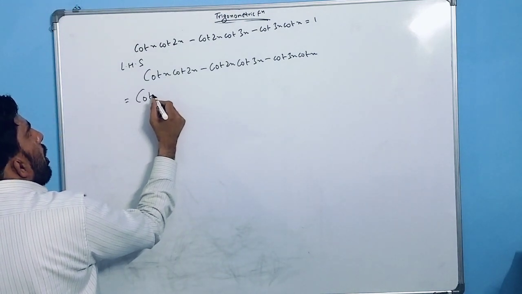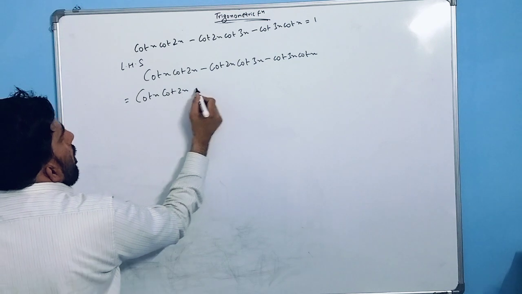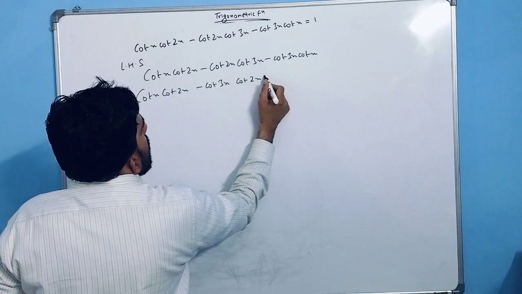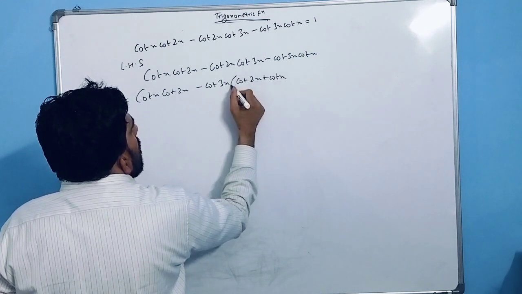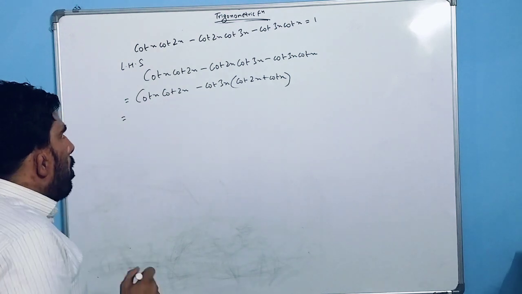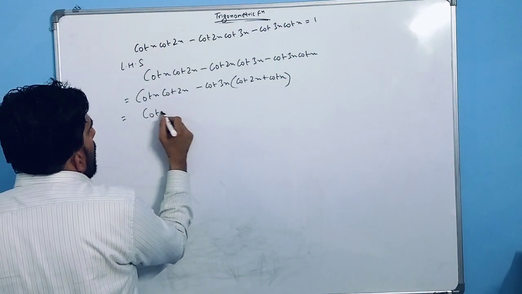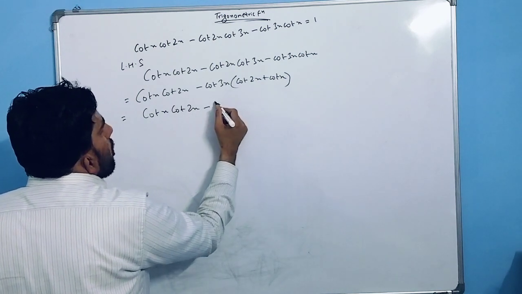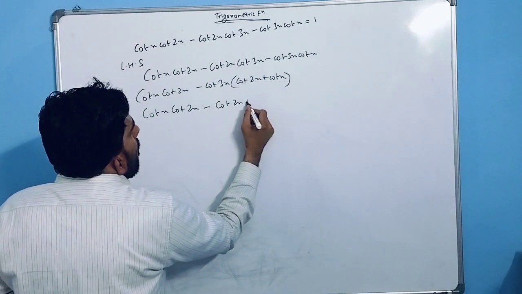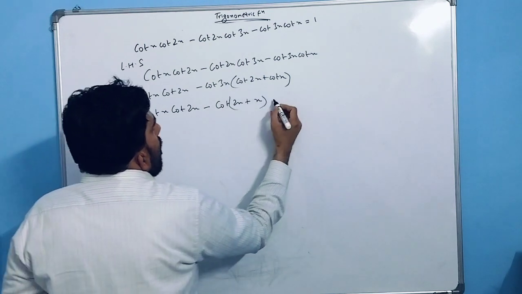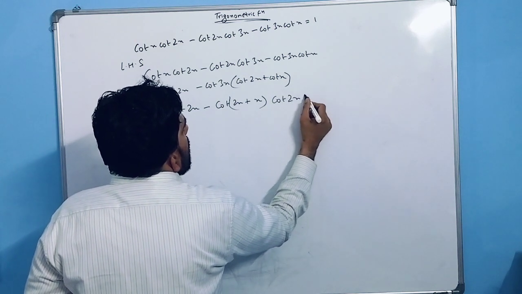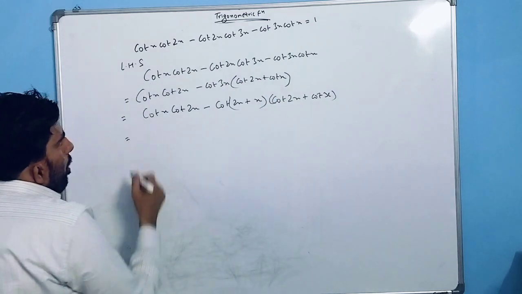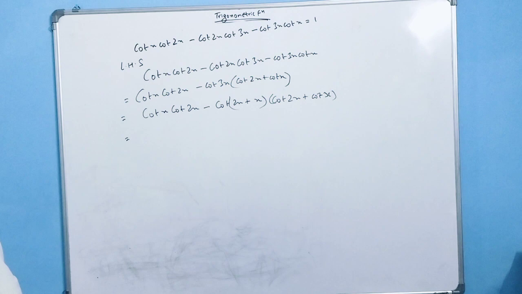So what we can do in such numericals is take minus cot 3x common here, so we get cot 2x plus cot x. In the next step we have cot x cot 2x minus cot 3x, which is cot of (2x plus x), times (cot 2x plus cot x). Okay, I can write 3x as 2x plus x.